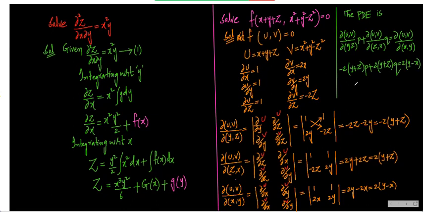From this we can take 2 common and cancel it out. Then we write the positive value here first, like that: (y plus z) of q, plus, not plus, it should be minus, minus (y plus z) of p. Both will get y only. Here also y.